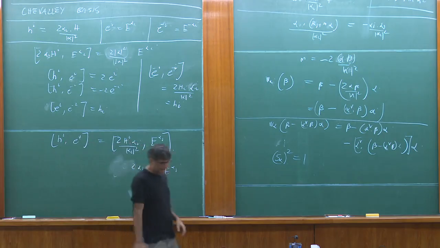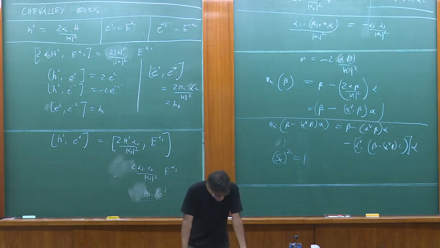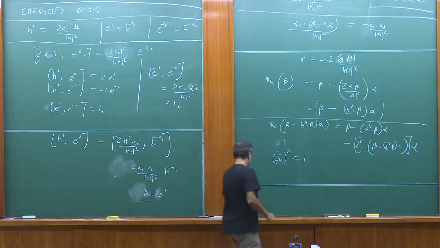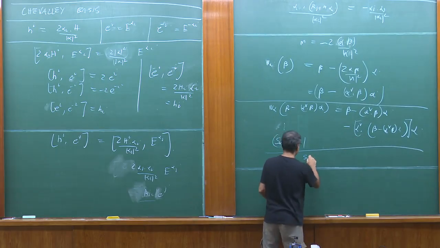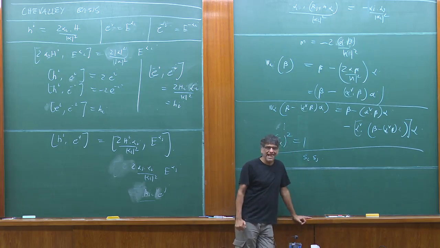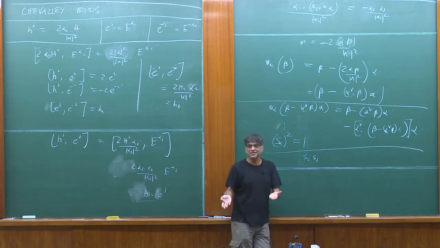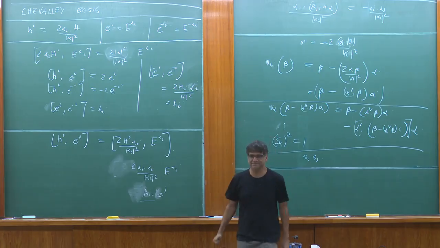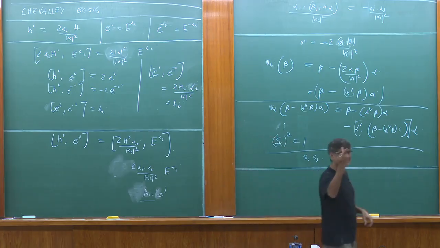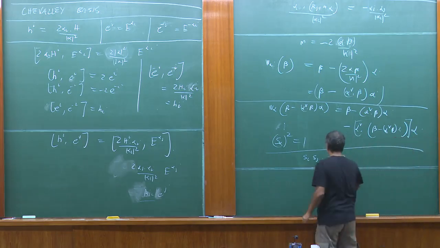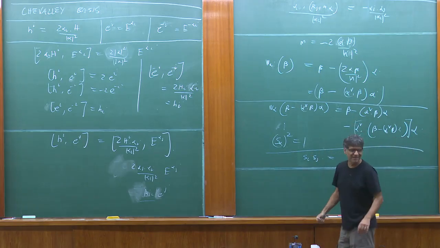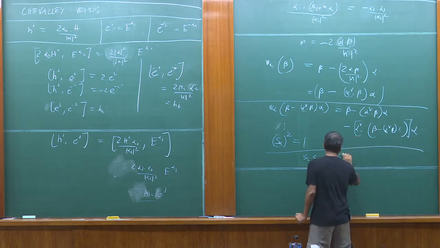Something more interesting, which again I'll leave you to check, is that if you act with two elements, Si and Sj, where i and j correspond to different roots that are orthogonal to each other, such that their Cartan matrix element Aij is equal to 0, then just by manipulating this kind of algebra, you can check that SiSj is the same as SjSi.